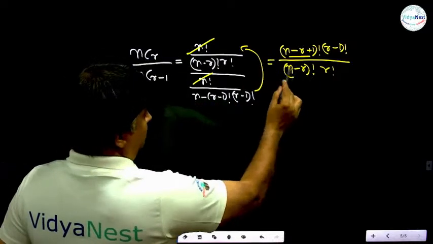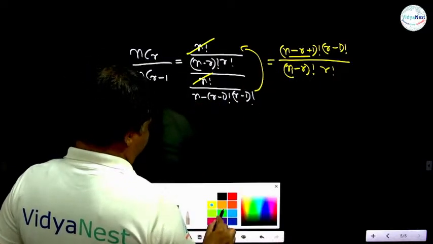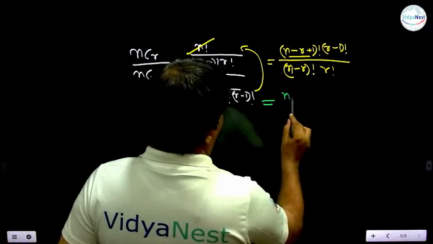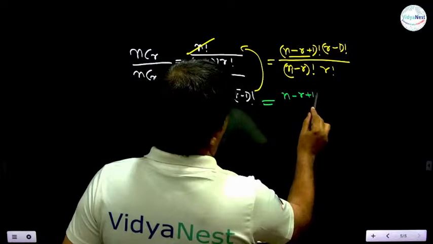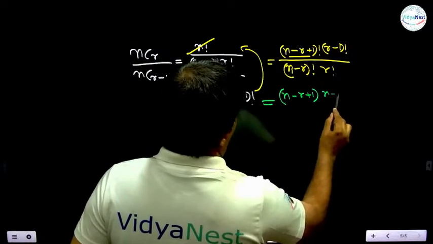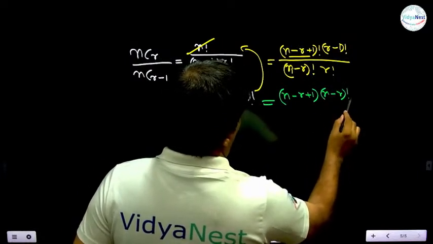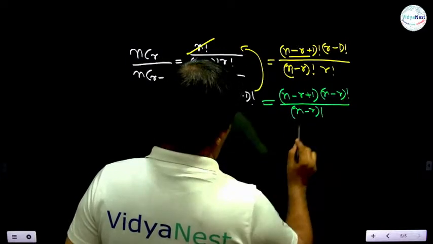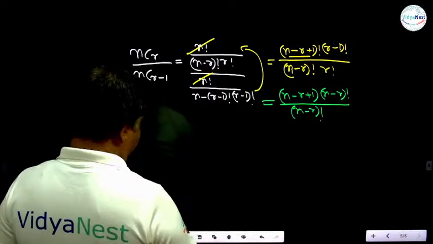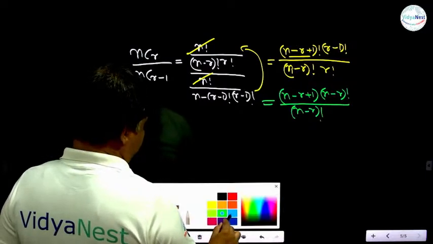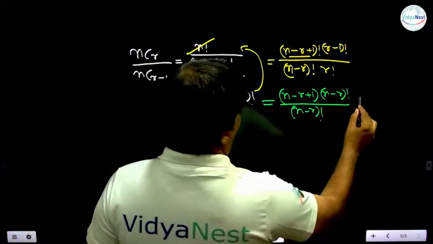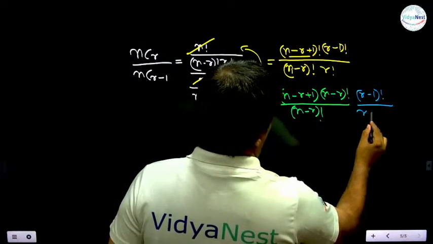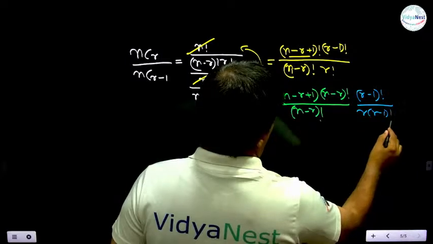This number is bigger than this, so I can write n minus r plus 1 into n minus r factorial by factorial n minus r into r minus 1 factorial by r into r minus 1 factorial.